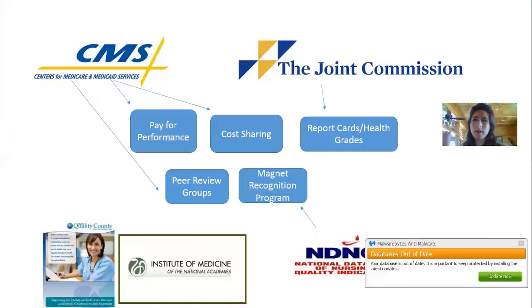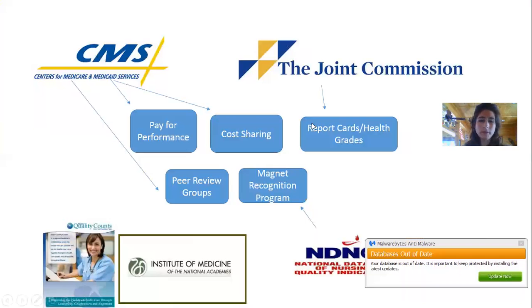They get a capitated rate per patient, and if they can still maintain the quality measures and keep it under that capitated rate, whatever they've saved by staying under the capitated rate, CMS will share with the hospital. So the hospital has an incentive to stay under the capitated rate as well.